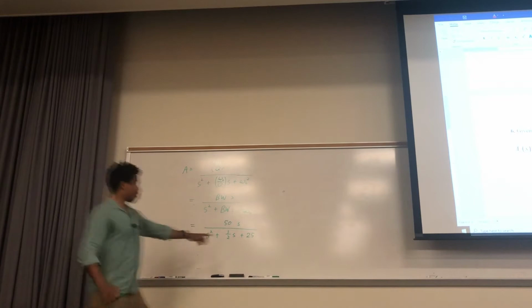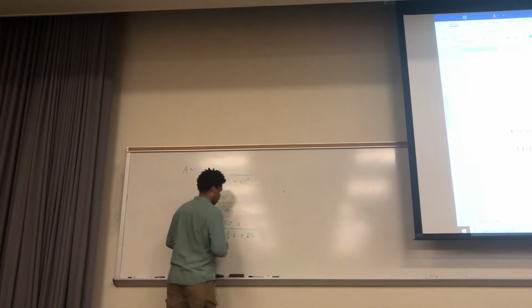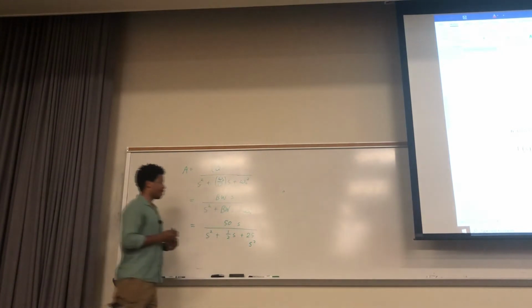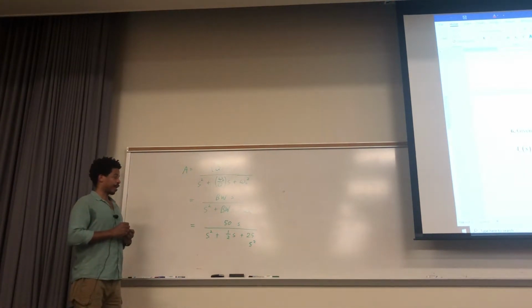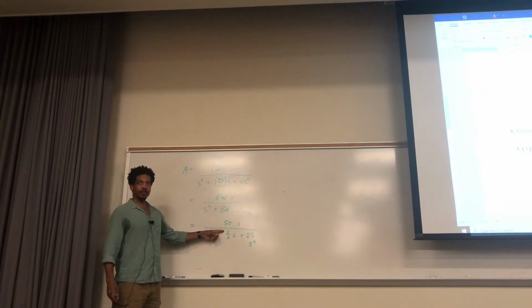Okay, so now we know what omega is, right? This is going to be 5 squared, so our omega is 5. And if our omega is 5, we got to force this guy right here to be 5 over something to make 1/2.